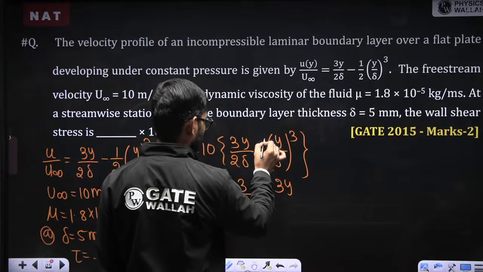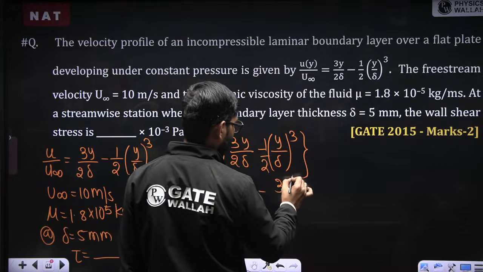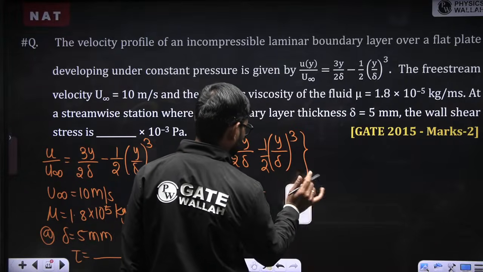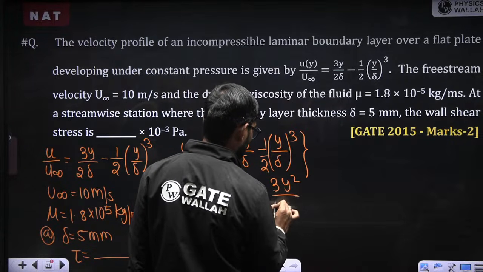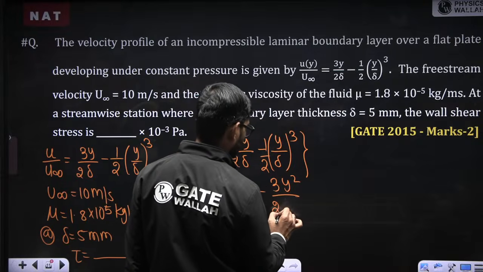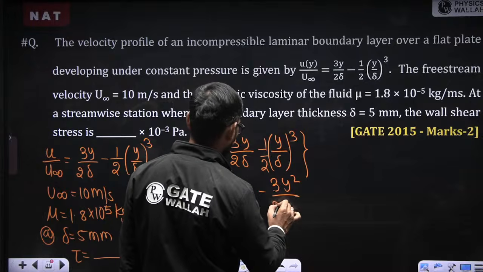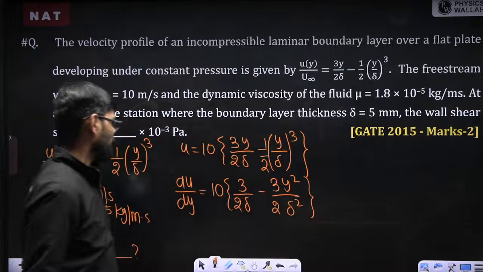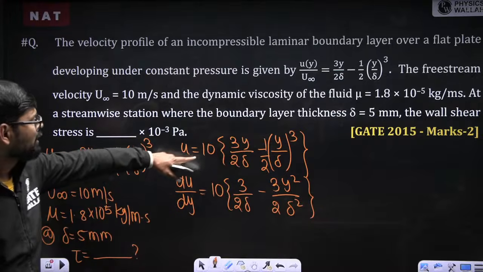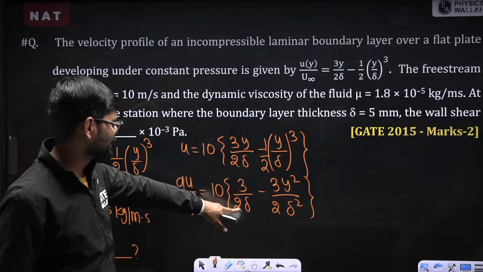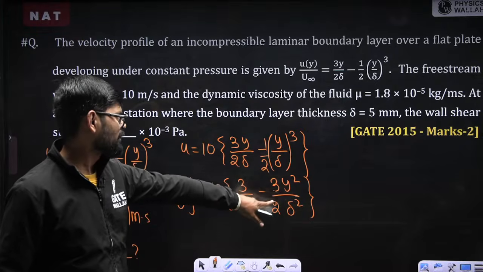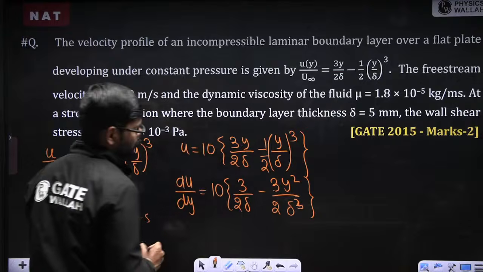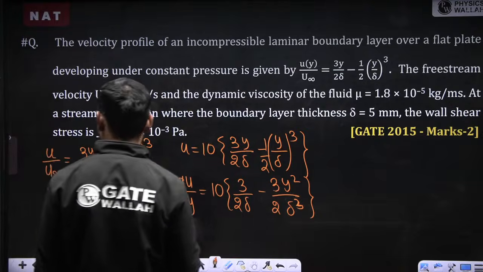Here 1 by 2 is also there, 3y square by 2 delta cube. Is it correct? 3 by 2 delta, correct? 3y square by 2 delta cube, right?